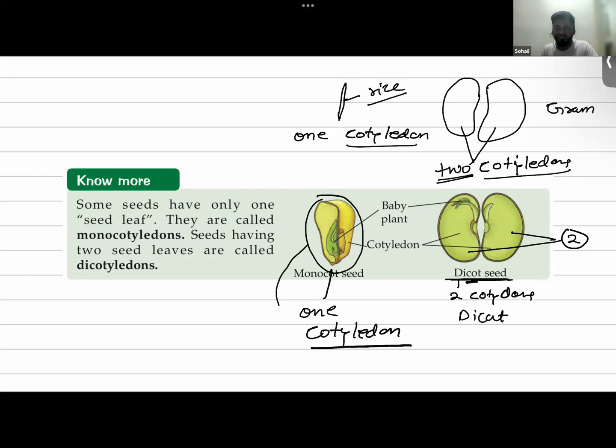So the seed in which there is only one cotyledon will be called monocotyledon, and the one which has two seed leaves in it will be called dicotyledon, or in short dicot. Did you get this one or not? Okay, so what is the difference between the two?